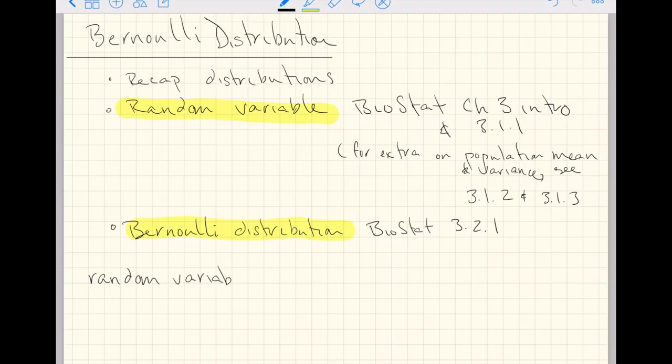A random variable holds a few different ideas in mind for us. A random variable is essentially a variable whose outcome is unknown. Hence, it's random. A really simple particular example is just a coin flip.